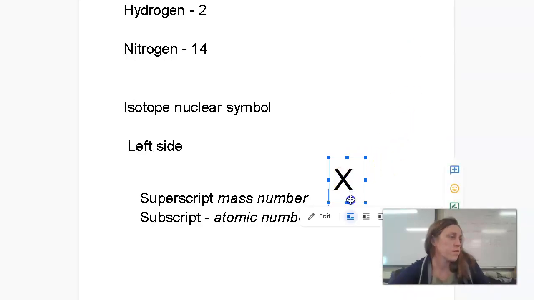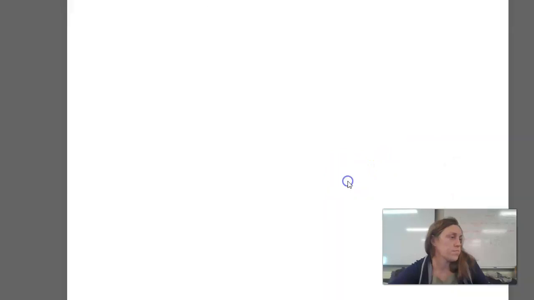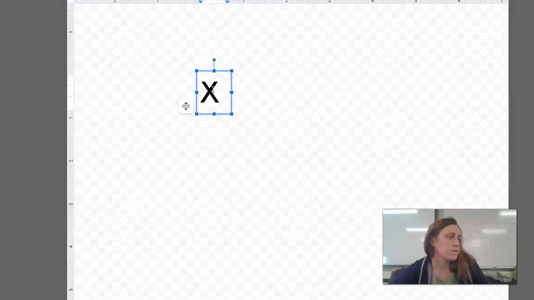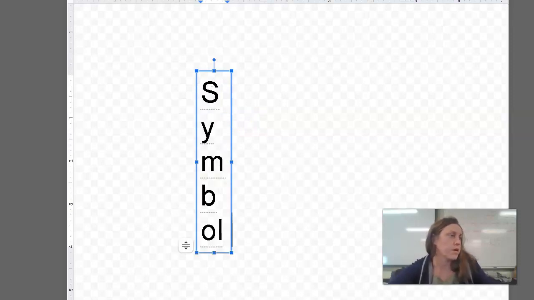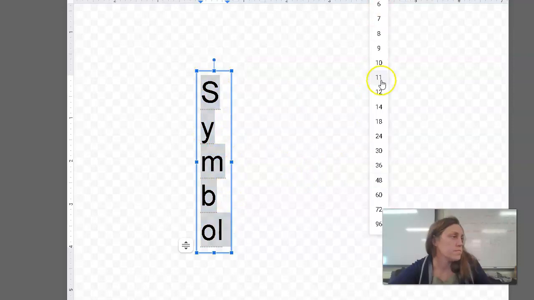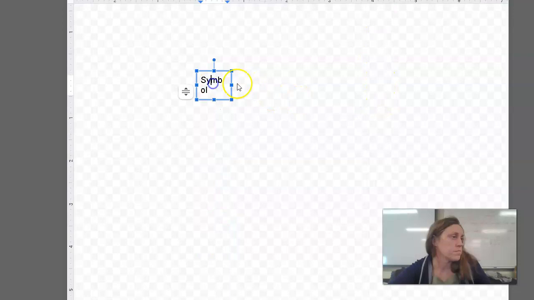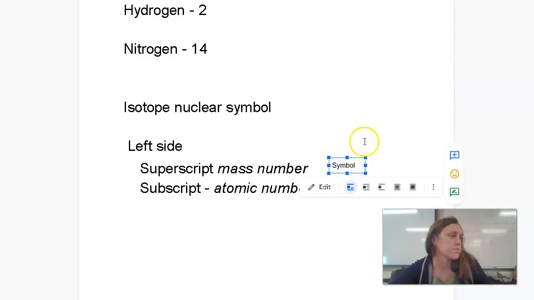So we have, and this is your symbol. Okay, I'm going to go ahead and write that symbol. So give me some time because I just have to do that. Okay, and that's why I write this one.